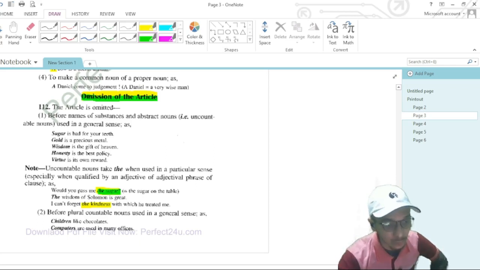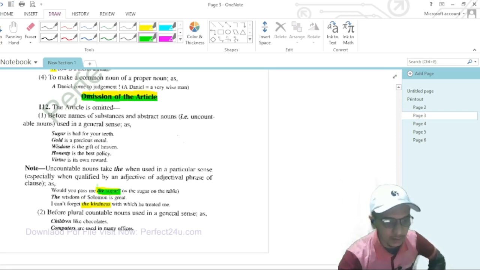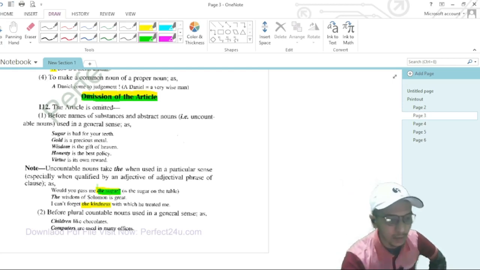Here, the sugar means the sugar on the table. So that is why the is used. Sugar is uncountable, but in this case, the person is talking about particular sugar that is on the table.